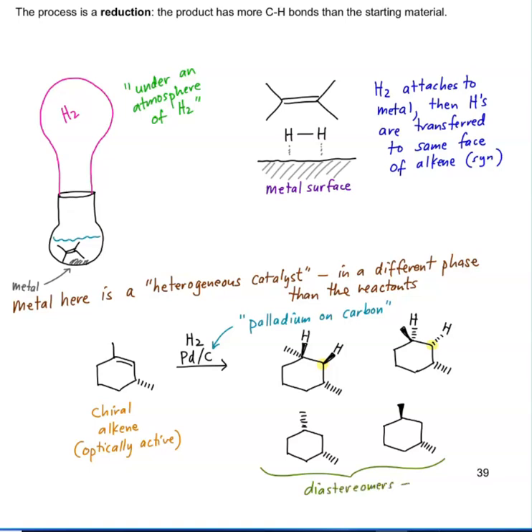Diastereomers are formed in unequal amounts because they form at different rates. And the reason for that is because the approach of one face of the alkene by a reagent is going to be easier and a lower energy approach, requiring less energy than the approach from the other face. So you're going to get more of one product than the other.